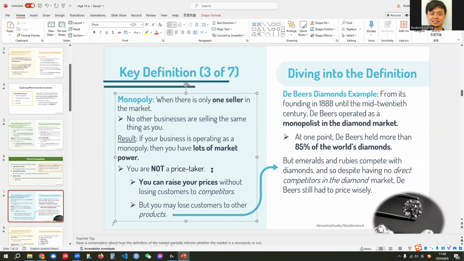Here we assume that you're not setting the price directly. It's not that you say you call this $2,000 a diamond, or $2 million a diamond. It's still dependent on your output decision, right? For instance, let's look at the diamond. From its founding in this year until the mid 20th century, the firm operates as a monopolist in the diamond market.